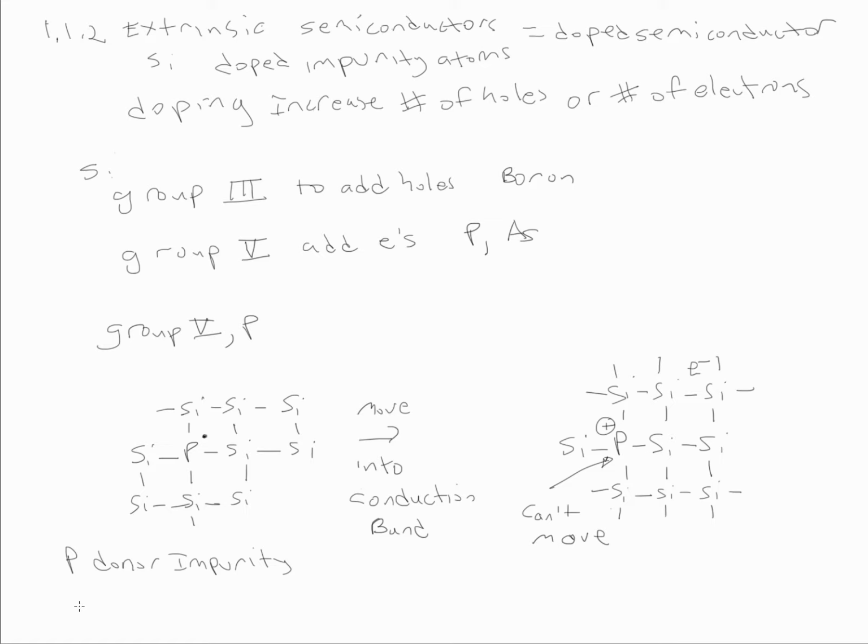And now our semiconductor is considered an N-type semiconductor when it's been doped with phosphorus. And overall for this area, the number of electrons is now much, much greater than the number of intrinsic holes. We talked about intrinsic last time. It was the number of holes and electrons that are generated just by thermal equilibrium.